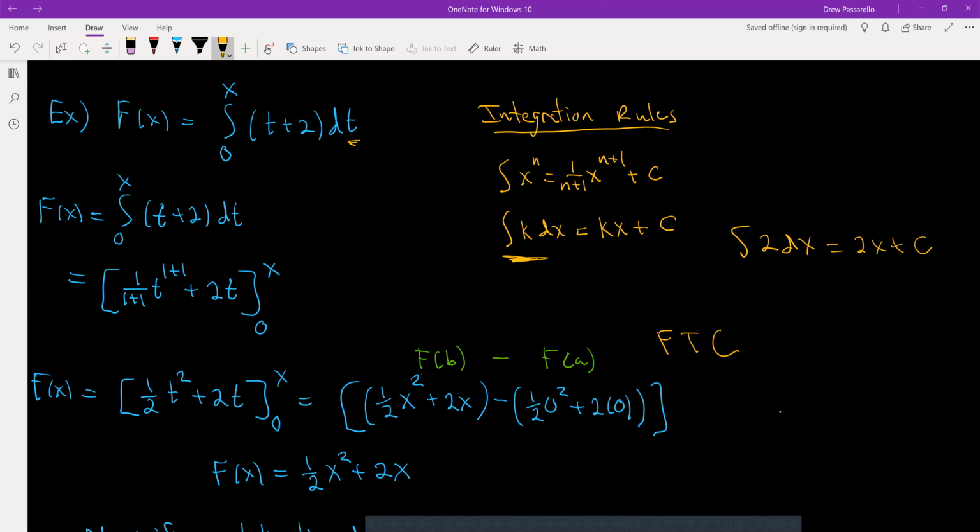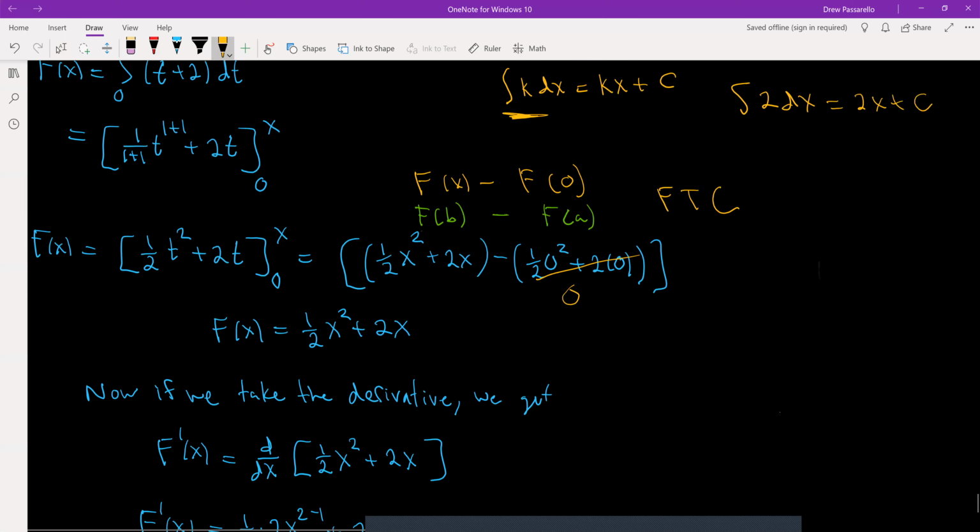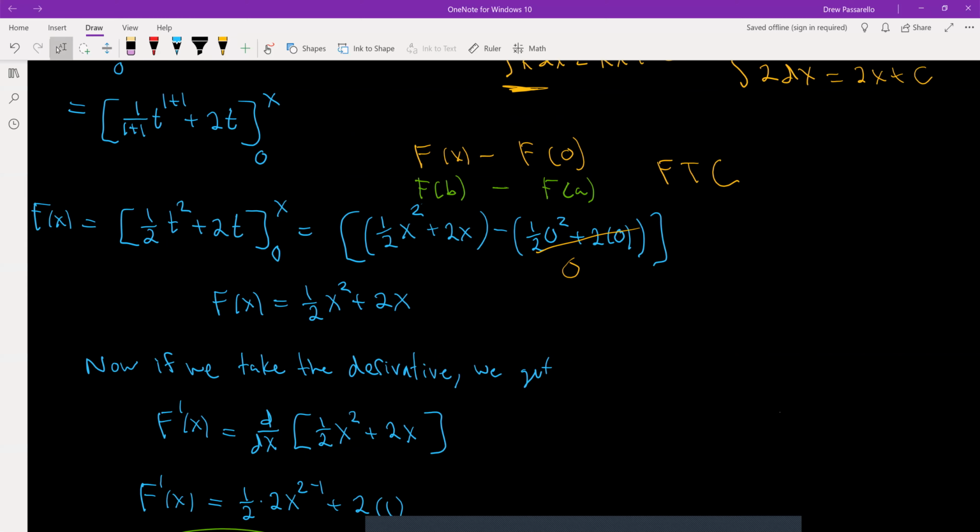And then F of a, well, a is 0, so you do 1/2 times 0 squared plus 2 times 0. That whole thing in parentheses is the F of a, or F of 0, part. So it's capital F of x minus capital F of 0. And you simplify that: the 1/2 times 0 squared plus 2 times 0 part is just 0, so you can ignore that. And you're left with capital F of x equal to 1/2 x squared plus 2x.